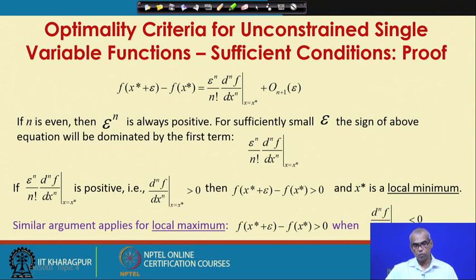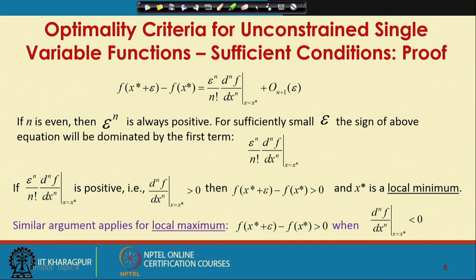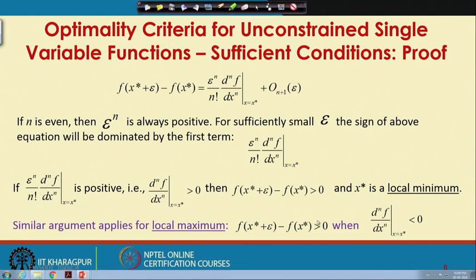Similar argument applies for local maximum, where f of x star plus epsilon minus f of x star is greater than 0. Sorry, this is less than 0 when nth order derivative is less than 0.